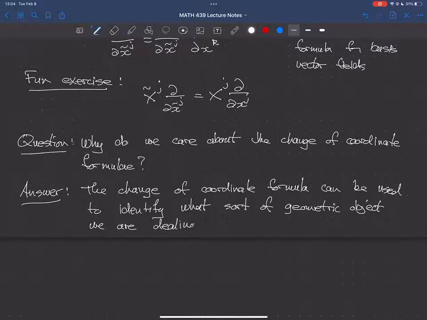We don't have many geometric objects in our toolbox right now, so this answer lacks context for you. The only geometric objects we know about a little bit are manifolds, mappings, and vector fields. But we're going to be talking about other kinds of geometric objects.